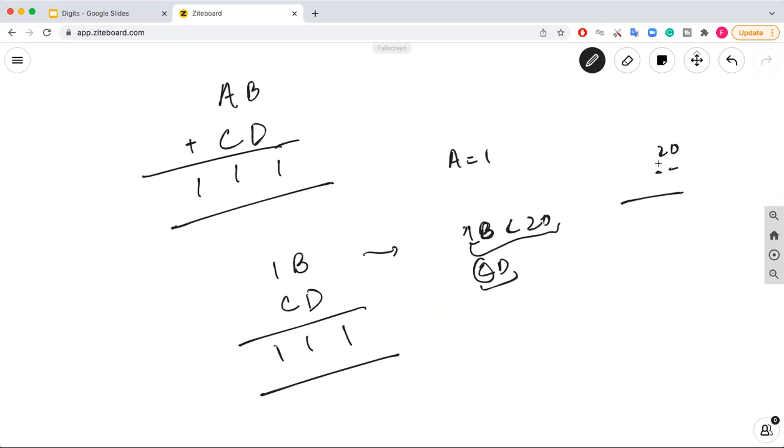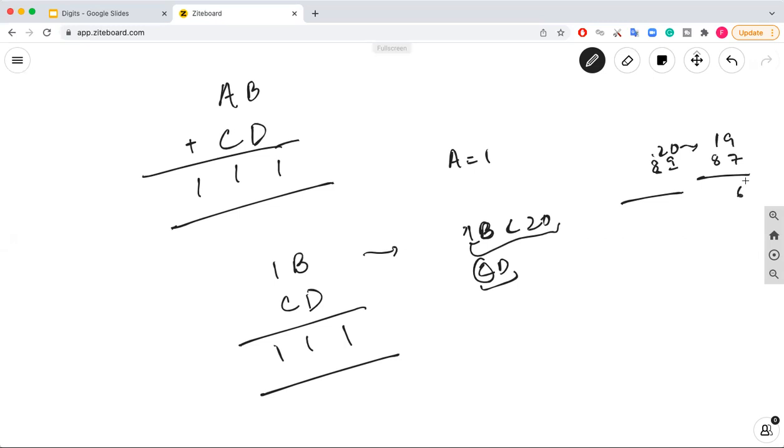Let's suppose we take 8 here, for example, and this has 9. So what is the answer? Just keep in mind that 1B is less than 20. Considering the maximum case, for example 19, and this is 8, and this has to be 7, in case we have a C less than 9. So what is the answer here?